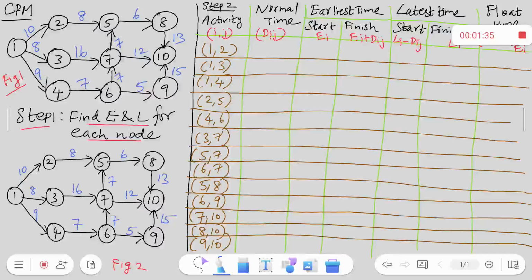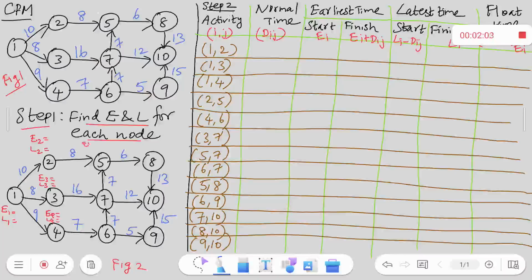Now our job is to find out the earliest start time and latest finish time. We denote the earliest start time by E and latest finish time by L. The suffix is according to the node. So E1, L1, E2, L2. Similarly, E3, L3, E4, L4.